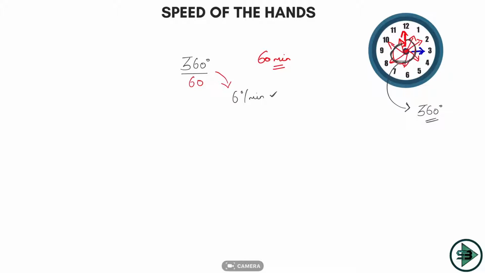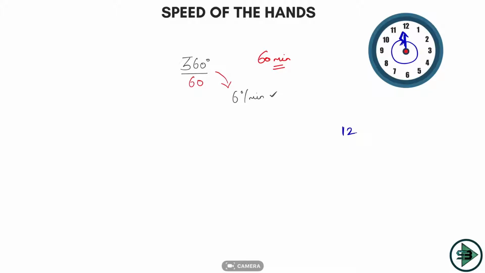Now similarly, as we found it out, the minute hand goes 360 degrees in 60 minutes. Can you tell me about the hour hand as well? This is an hour hand here, say at 12 now. This hour hand will come back to this position 12 after how many hours? After 12 hours.